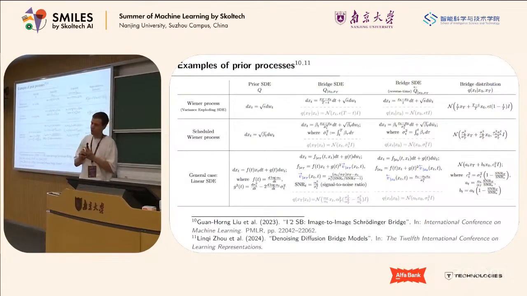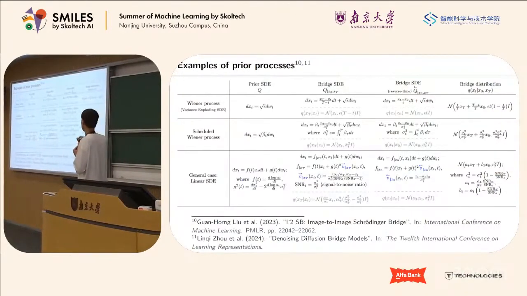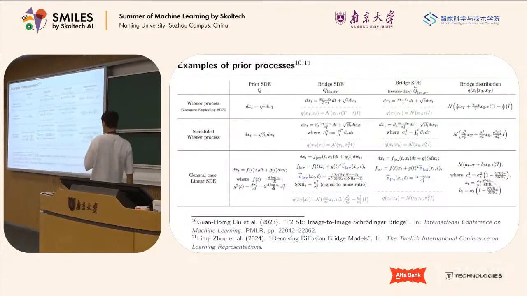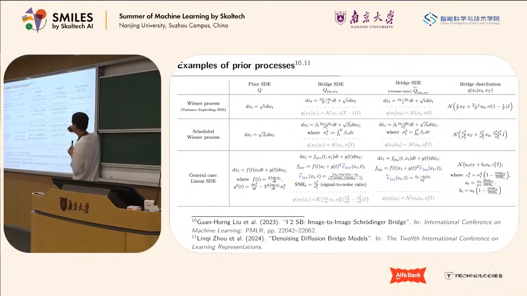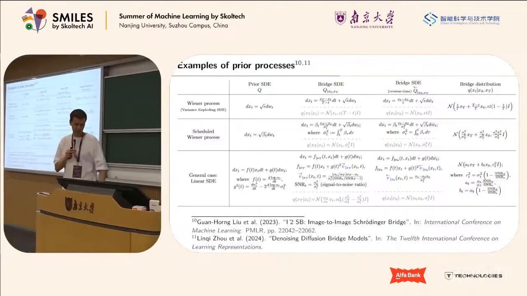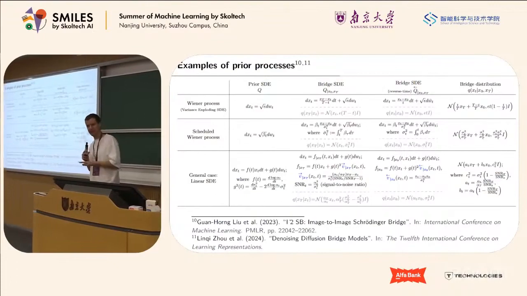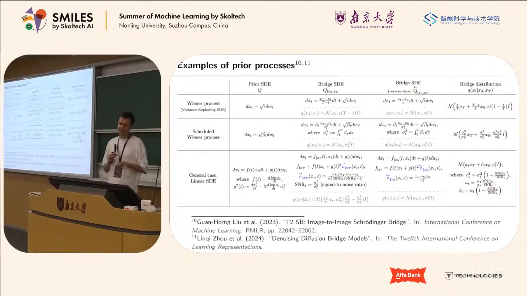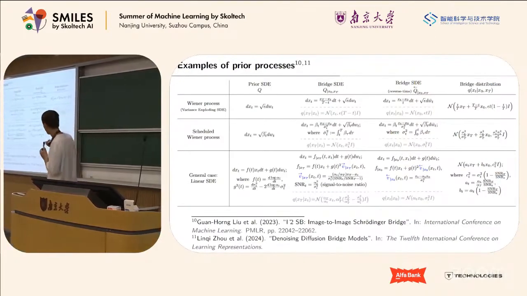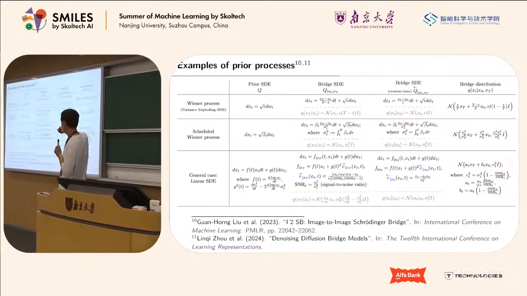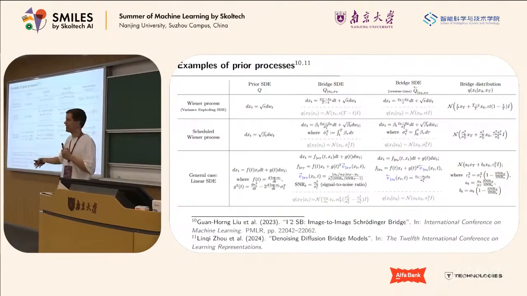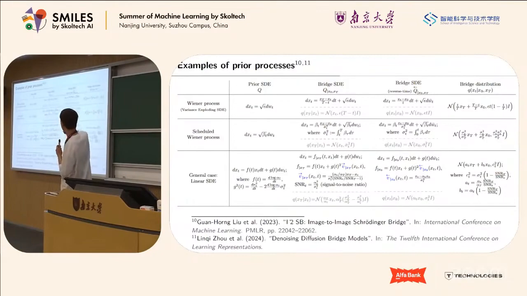This bridge is also described by some stochastic differential equation, but what is important is that everything is tractable, in the sense that usually people consider prior processes to be so-called Ornstein-Uhlenbeck processes of different types. Usually they simplify all this a lot to processes that are linear in drift, or even processes without the drift at all. So just noising processes, when you just add noise to data. For all of this, everything is tractable.